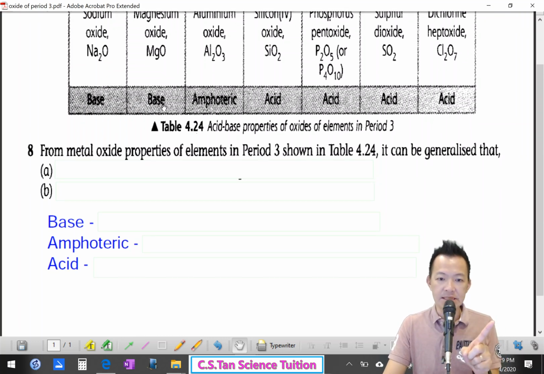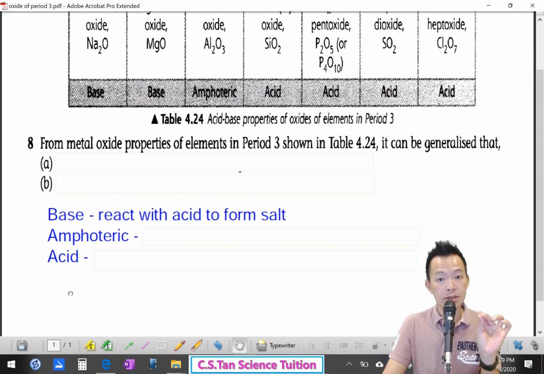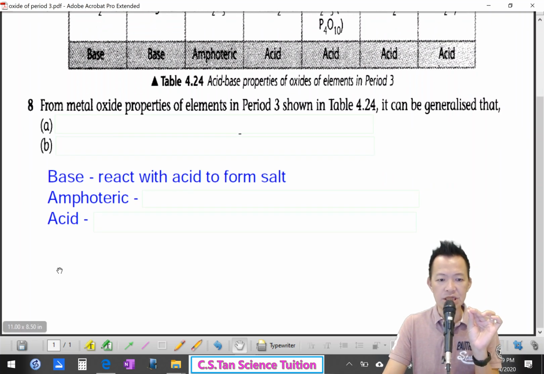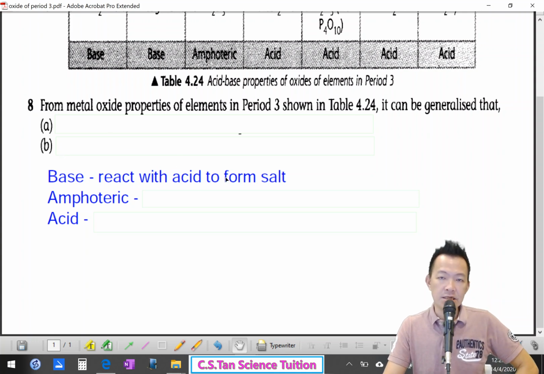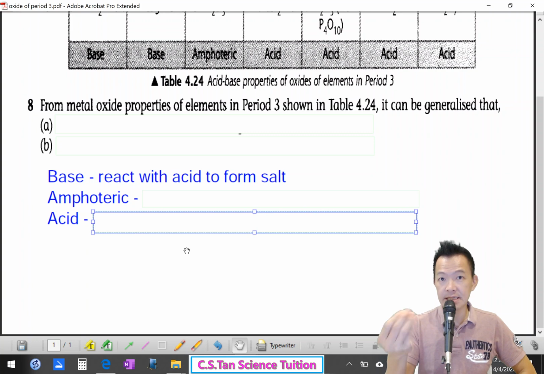What is meant by base? 什么叫 base 呢？React with acid to form salts. Copy anyway. 抄在你的 notes 的任何地方有空位就抄。什么叫 base? React with acid to form salts. 它跟 acid 起反应产生盐。What is meant by acidic? 什么叫 acidic oxides?